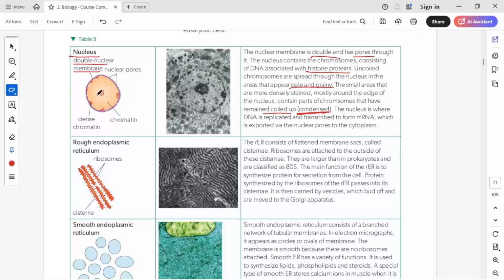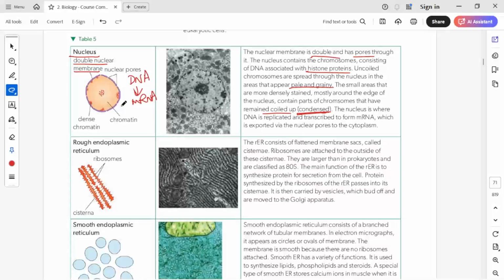That is replication, and from DNA the gene expression will take place. In gene expression, a particular part of DNA, a particular gene, is transcribed. So basically from DNA, mRNA is formed inside this nucleus.